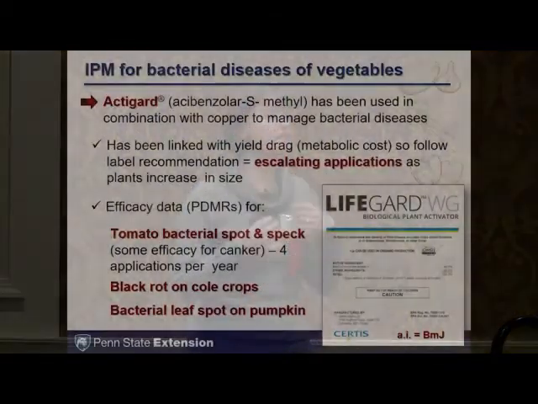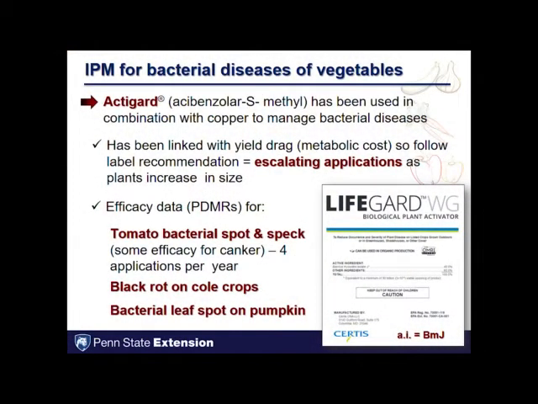Something like Actigard can be applied in the greenhouse and then applied in the field at multiple points. It's not something where you see symptoms and then go out and spray Actigard. It's part of a preventative strategy. Obviously, because you're boosting the plant's defense responses, that takes energy.